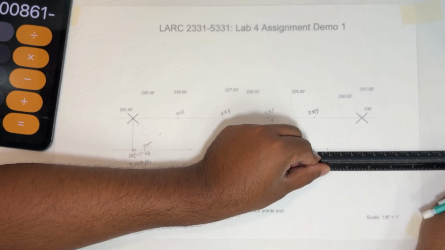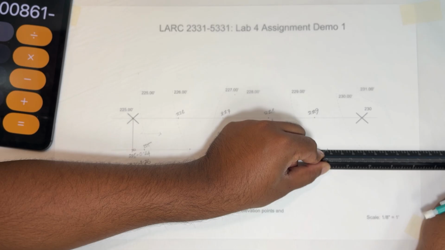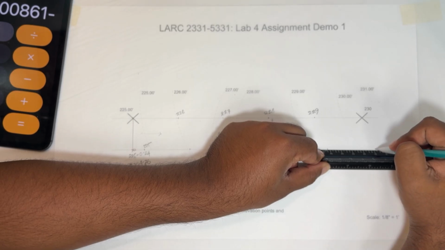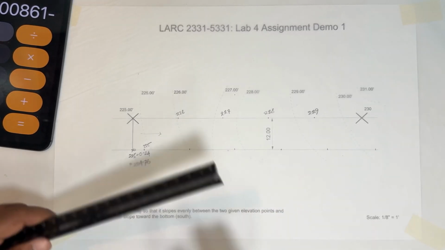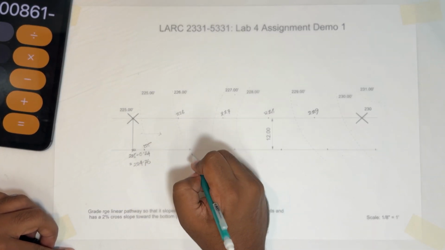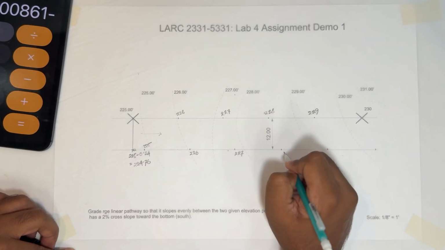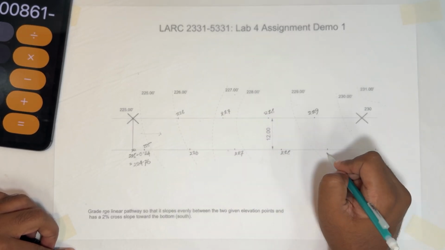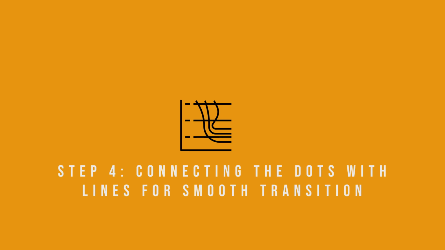I think I need one more. 17.2. So that would be the lower portion of the road. So 225, 226, 227, 228, 229, and 230.